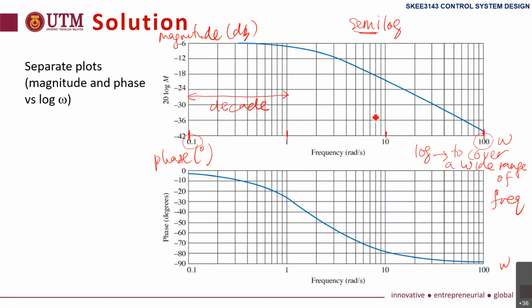So in this graph, there are 3 decades. One here, another one, another one. Normally, a normal graph paper has 5 decades. So you start 0.1, 1, 10, 100, 1,000, 10,000. Okay, so that is the introductory information on the graph. That is very useful because the Bode plot will be using this one.